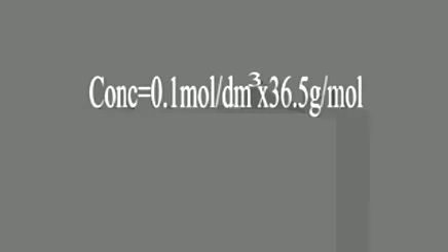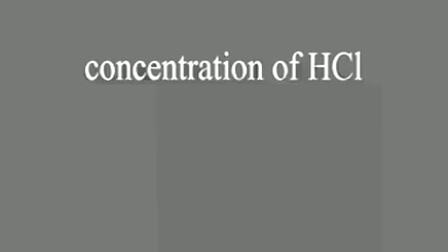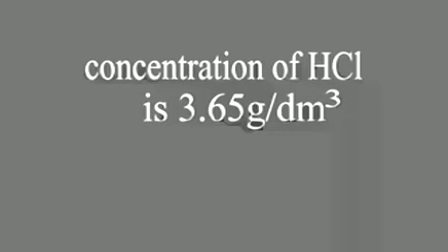Then concentration in gram per dm cube equals 0.1 molarity of hydrochloric acid times 36.5 gram per mole molar mass of hydrochloric acid. Then the concentration in gram per dm cube of hydrochloric acid is 3.65 gram per dm cube.